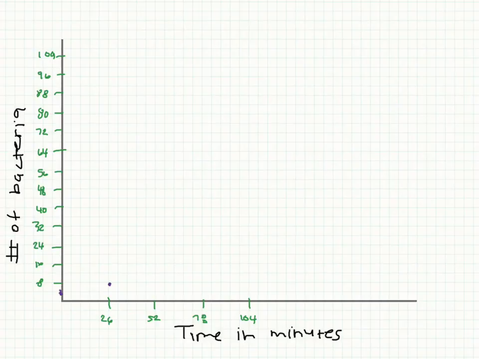Plot my second point. Third point is at 52, 16. And then we go to 78, 32. And then finally to 104 and all the way up to 64.